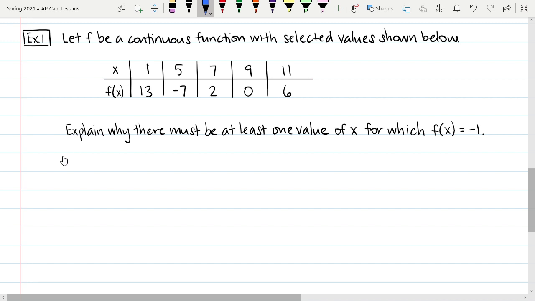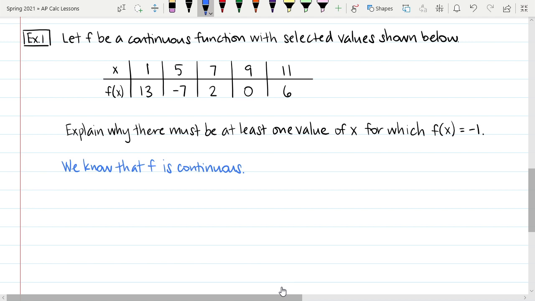So the first thing I'm going to do is talk about those conditions. So first, we know that f is continuous. Okay, so right there, that takes care of the first of the two conditions.